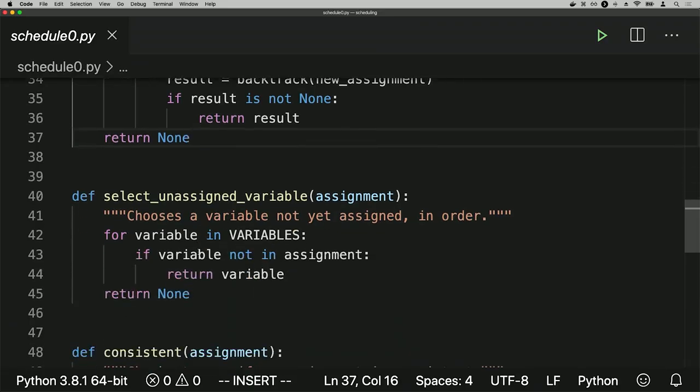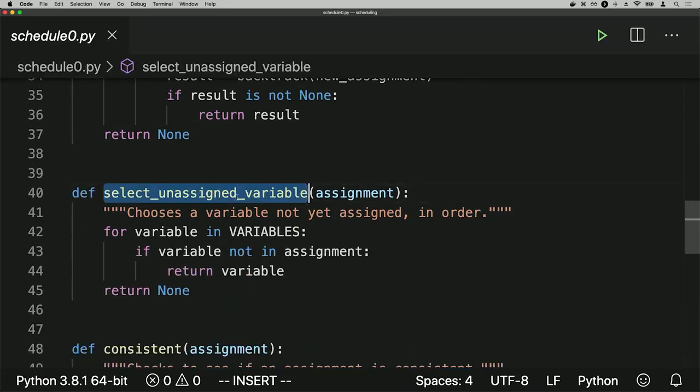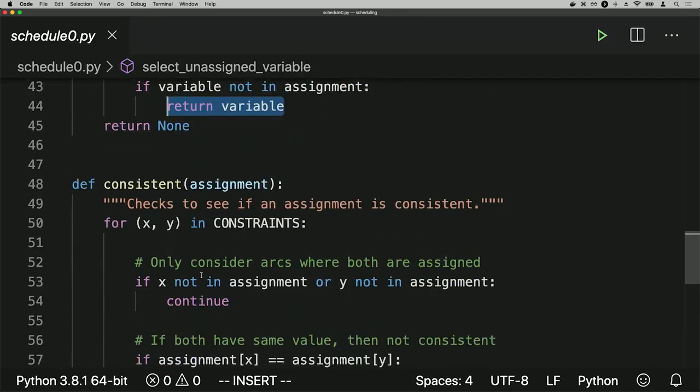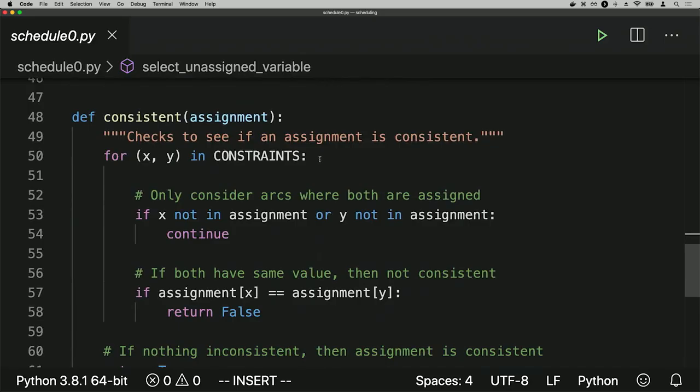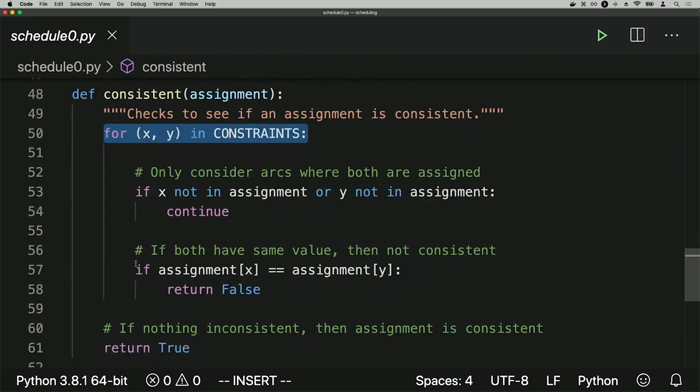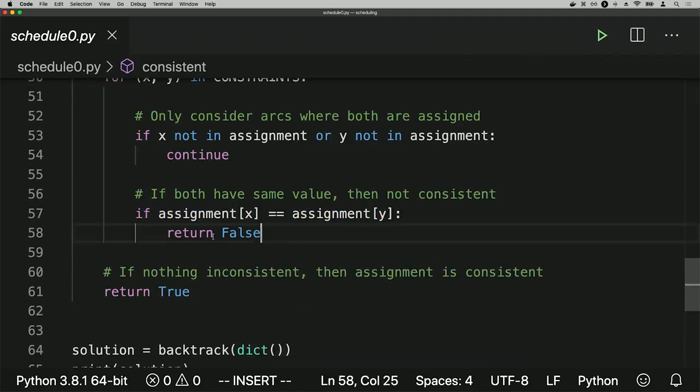What do these functions do? Select unassigned variable is just going to choose a variable not yet assigned. So it's going to loop over all the variables. And if it's not already assigned, we'll go ahead and just return that variable. And what does the consistent function do? Well, the consistent function goes through all the constraints. And if we have a situation where we've assigned both of those values to variables, but they are the same, well, then that is a violation of the constraint, in which case we'll return false.